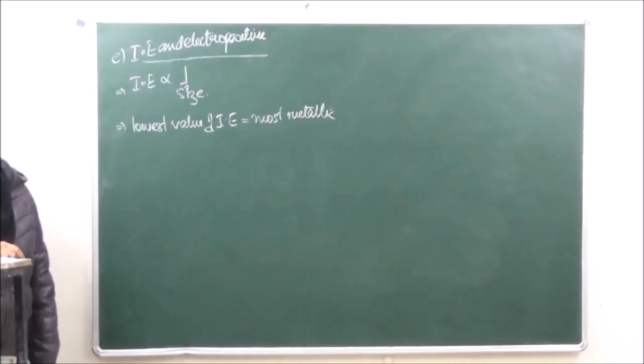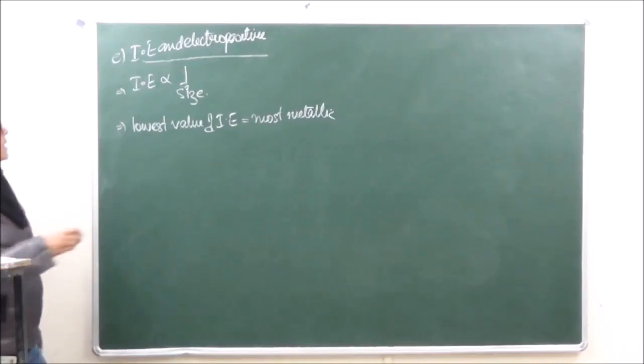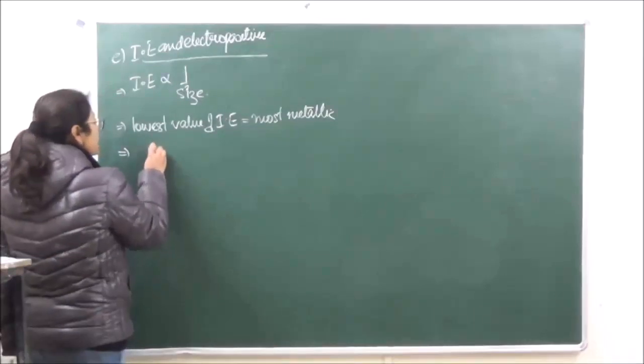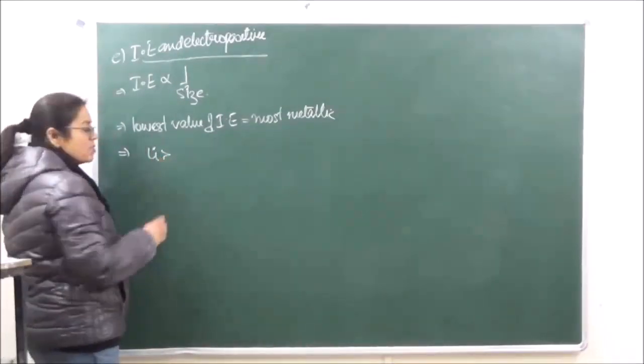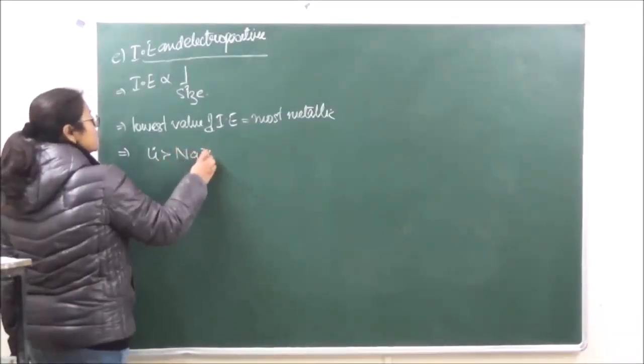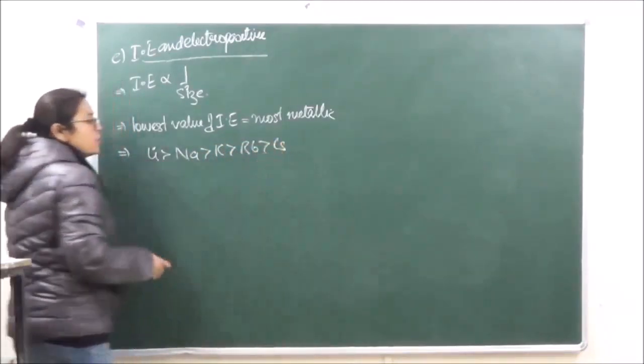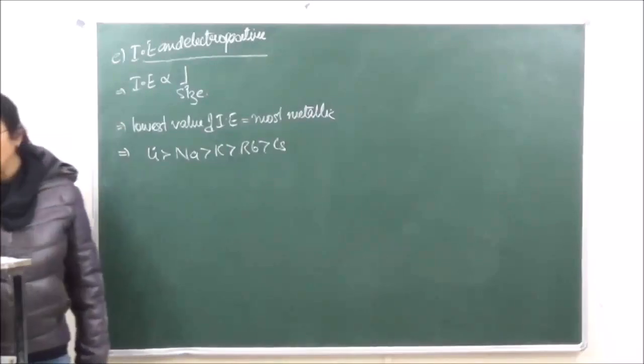Now as we keep going down the group, atomic size is increasing. Therefore, lithium will have the highest value of ionization energy, and the energy keeps on decreasing as we move down the group.